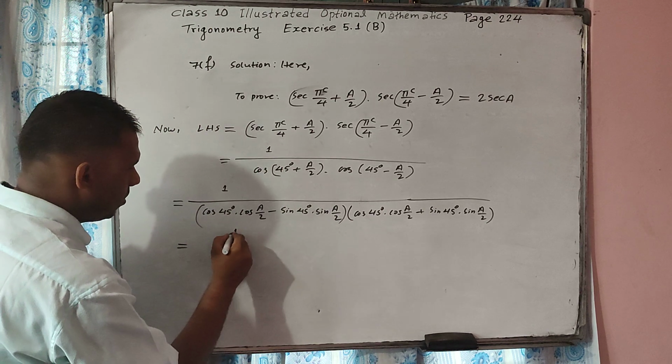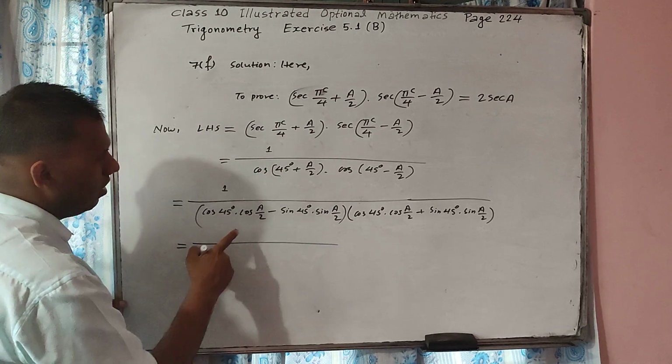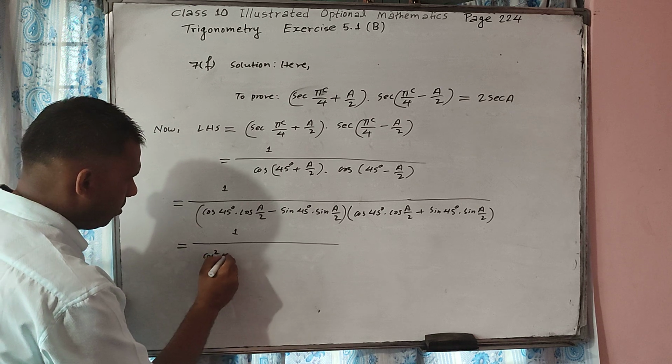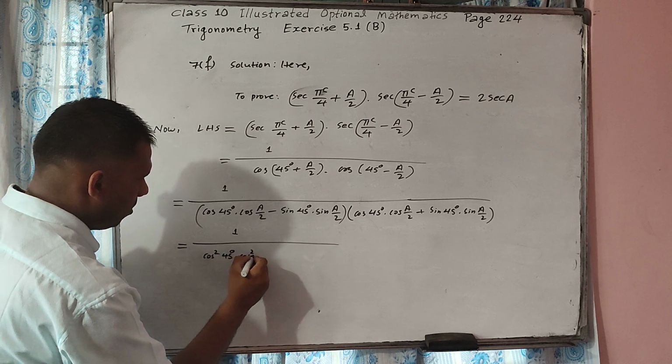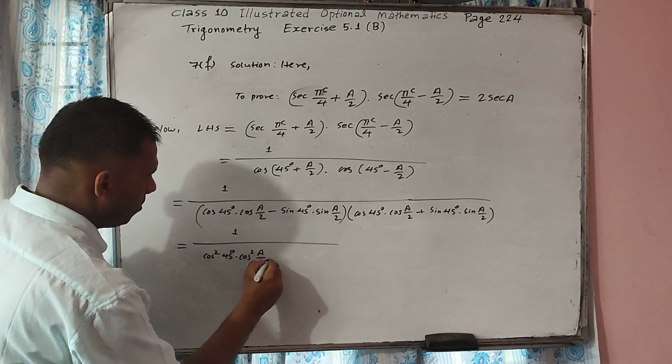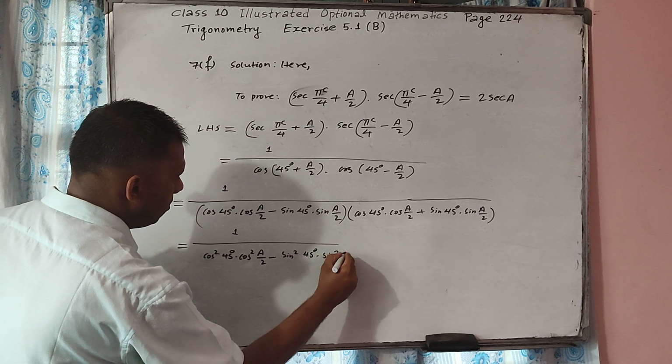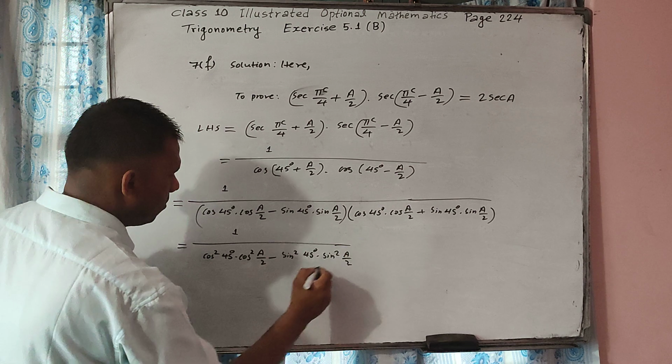This equals 1 all upon a minus b, a plus b, so a square minus b square, so cos square 45 degree cos square a by 2 minus sin square 45 degree sin square a by 2.